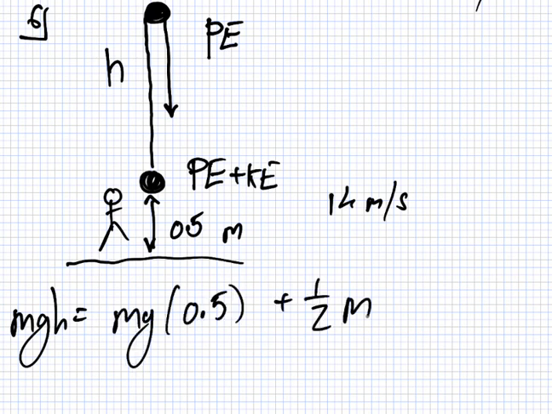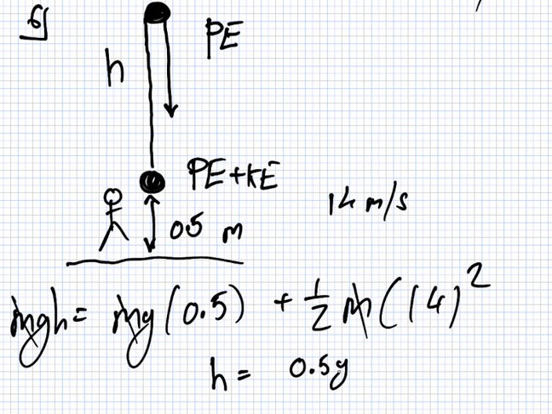Like this. So, cancel, cancel, cancel. h equals 0.5 plus 14 squared divided by 2g. What's 14 squared divided by 2, please? Anybody? 98. Thank you. And I divide by g because I have a g here.